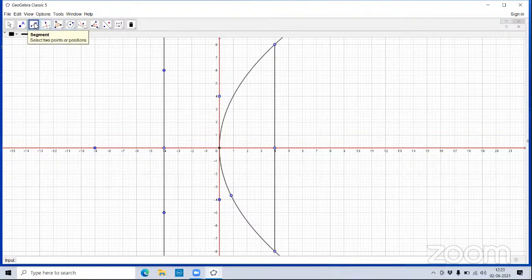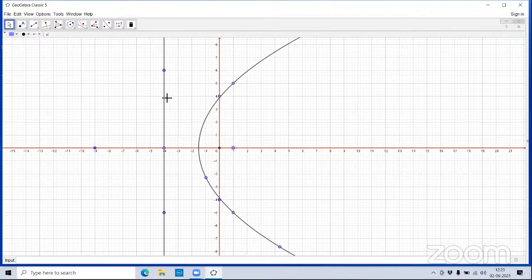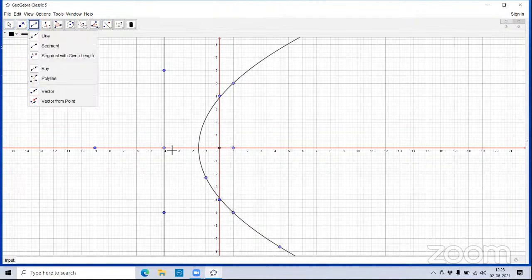Now, if I take a chord, first we shall remove the previous chord so that you can understand the next ones better. I will reduce the size so that you can understand well. Now I have a line segment.